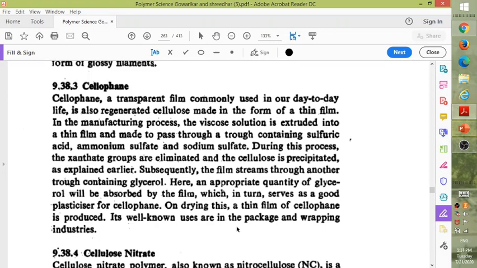So basically, glycerol serves as a good plasticizer for cellophane.